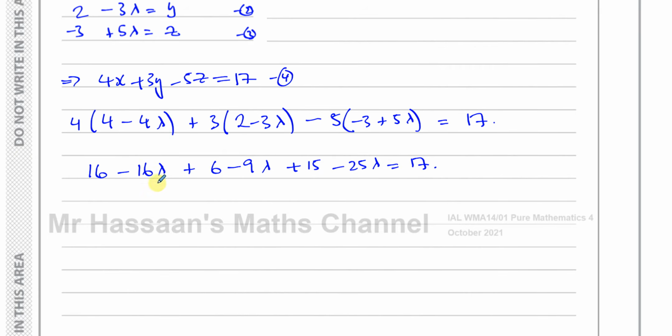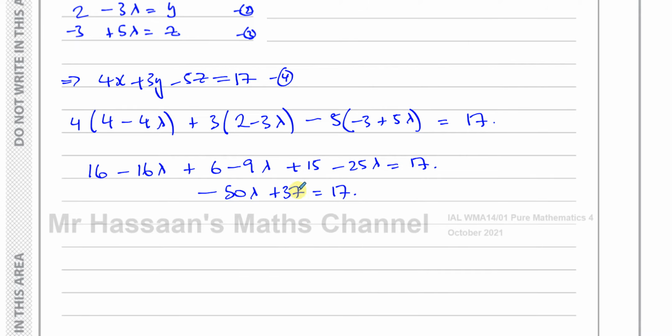So let's see what we have. That's minus 25 minus another 25, which is minus 50 lambda. And we have 16 plus 6 plus 15, that's 22, 37, that's plus 37 is equal to 17.